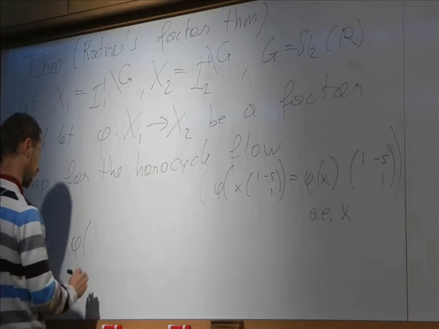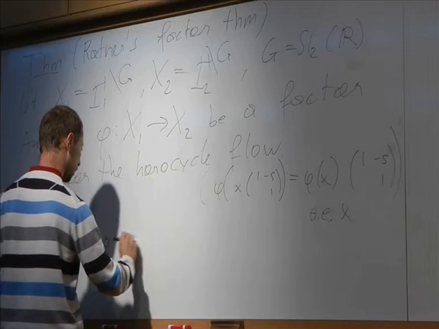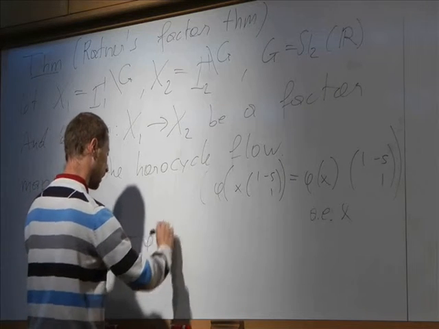That's the assumption. And the conclusion is an amazingly strong one, namely it is algebraic. Phi of x times g is equal to, I would like to say, phi of x g.